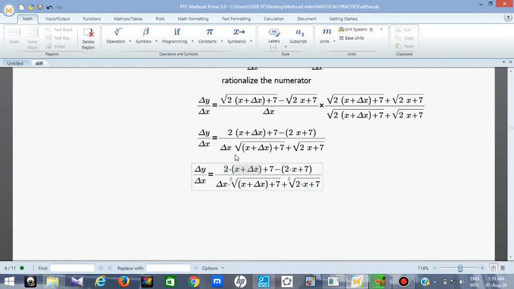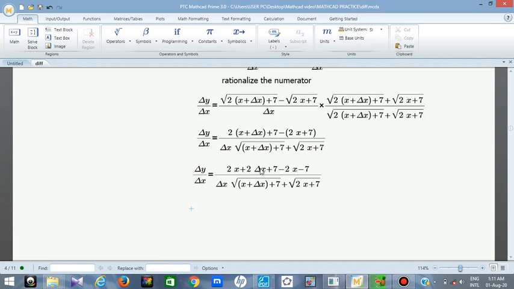When you open the bracket, we're going to have 2x plus 2 delta x plus 7, then minus. When you open this bracket, you're going to have minus 2x, and the plus becomes minus, since plus minus is minus. Then let's see what can cancel. When you collect your like terms, 2x is going to cancel out 2x, 7 is going to cancel out 7, leaving 2 delta x in the numerator.